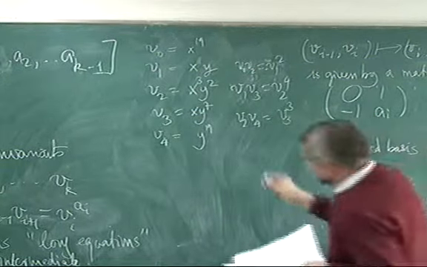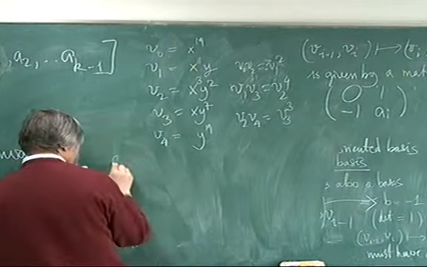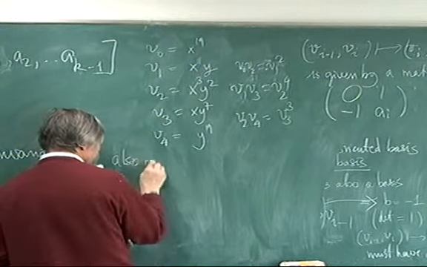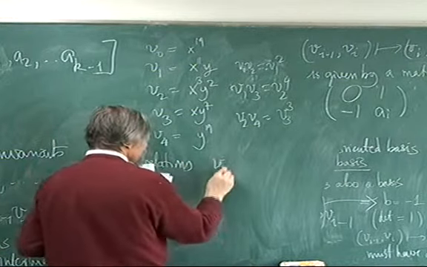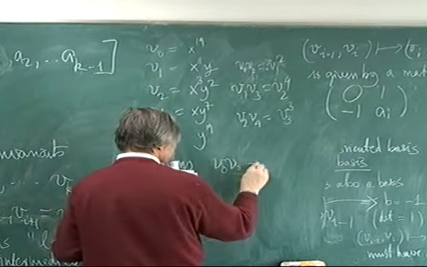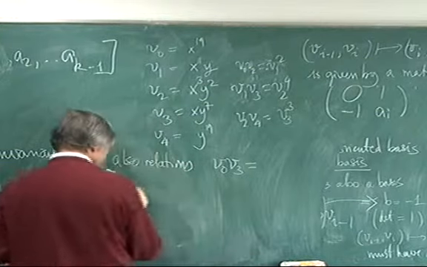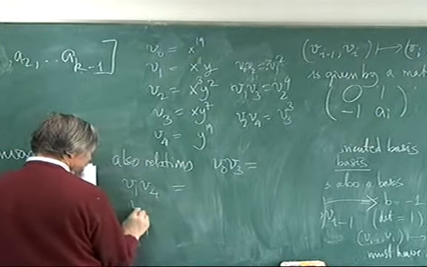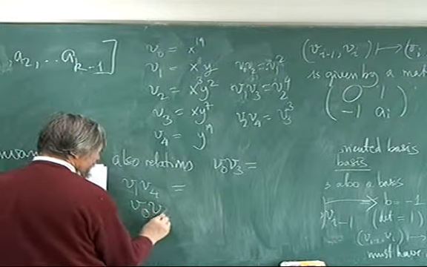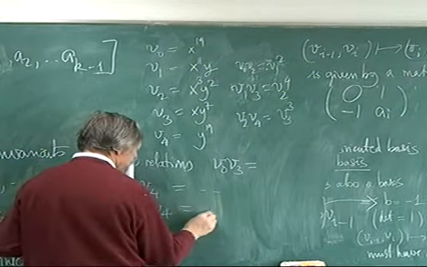I assert that there are also relations V0 V3 equals something, V1 V4 equals something, and V0 V4 equals something.